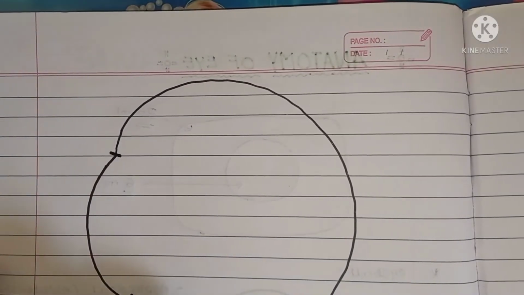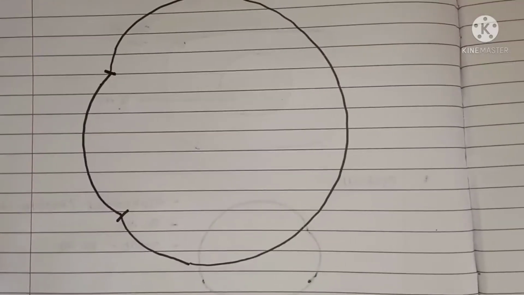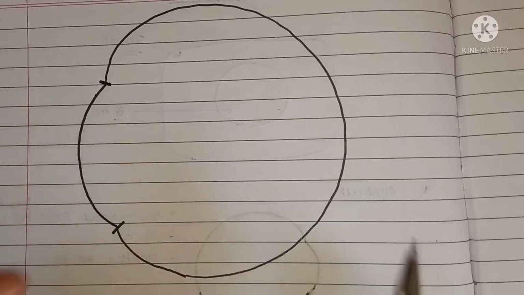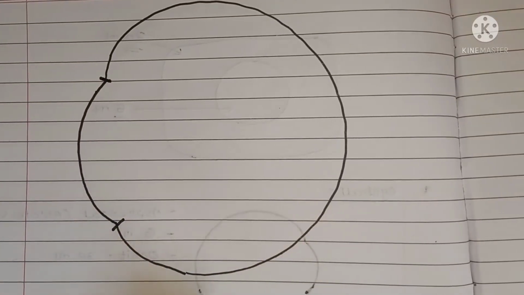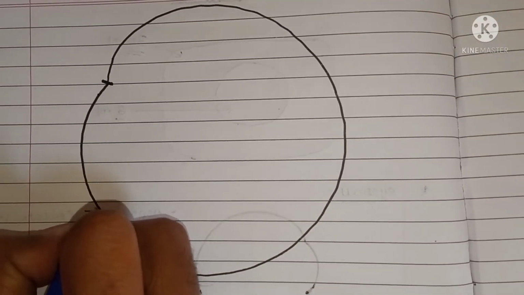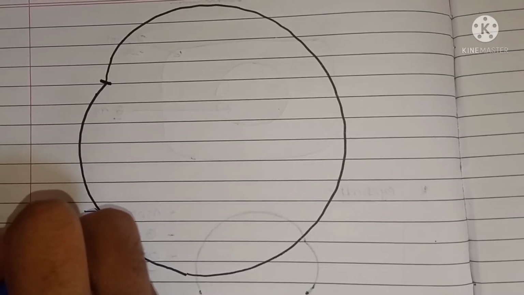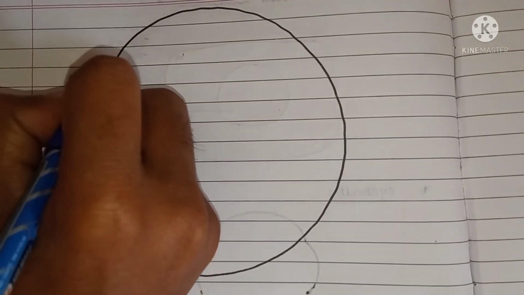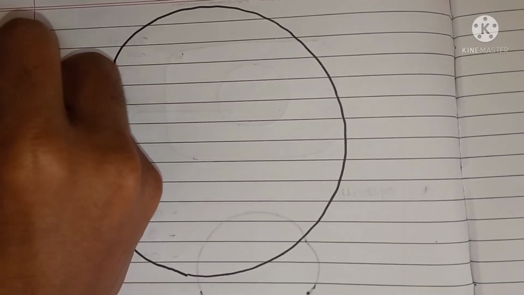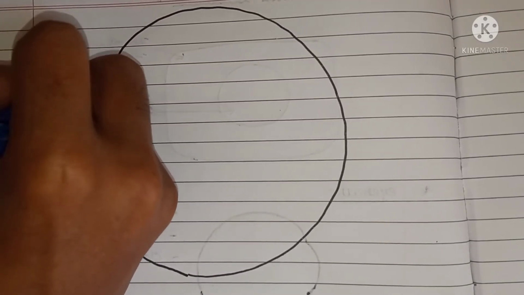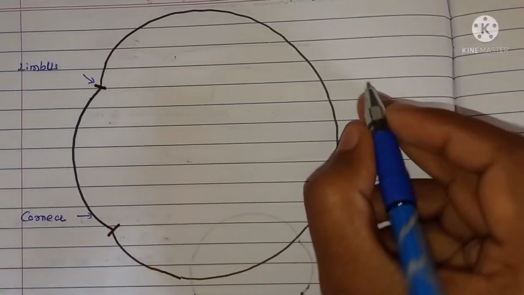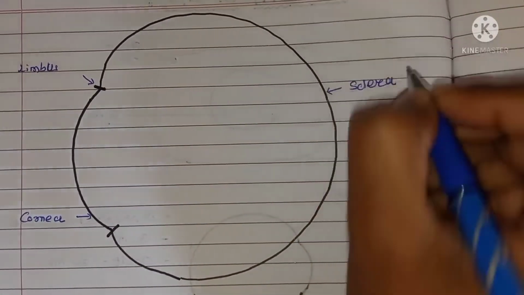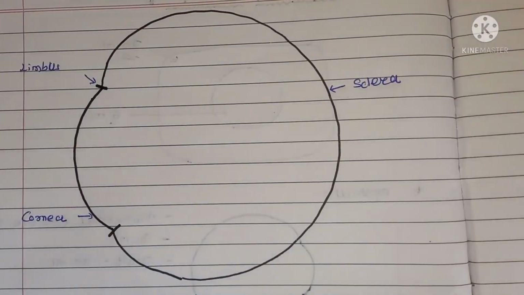So this is our limbus. As we discussed, the outer layer has three parts. This is cornea, this is limbus, and this is sclera. So these are the outer structures.